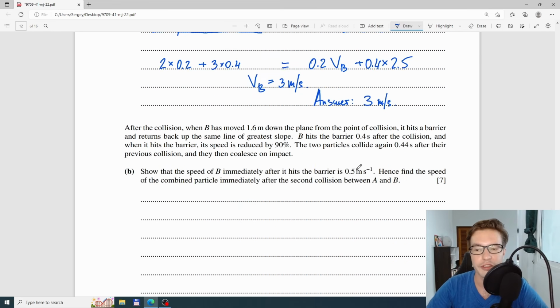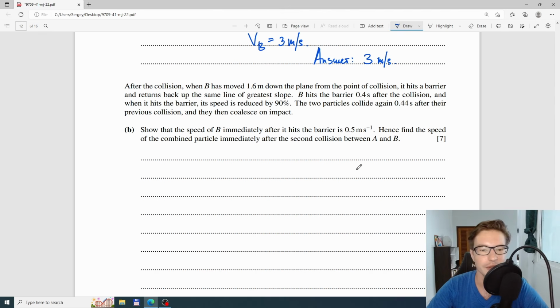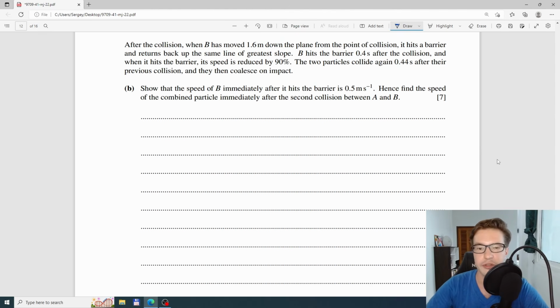And let's move on to the very last question, which is 7 marks. Okay, great. It's probably going to take a while. And again, we're going to start with the diagram. The angle of 30 degrees. Now the collision has just happened. We got particle B and A. B 0.2 kilograms, A 0.4.